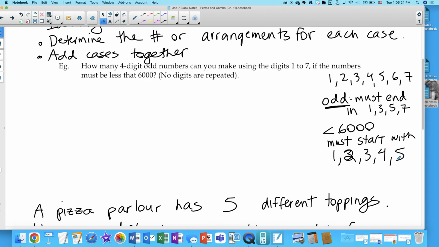Now, why do you think that this is a case problem? Can't be repeated. Okay, true. Yes, can't be repeated. But why would this be a case scenario? It has to do with the two things that we've already written down.